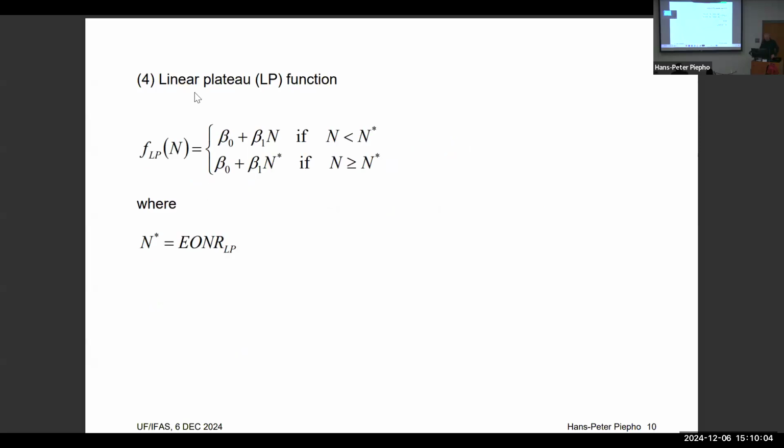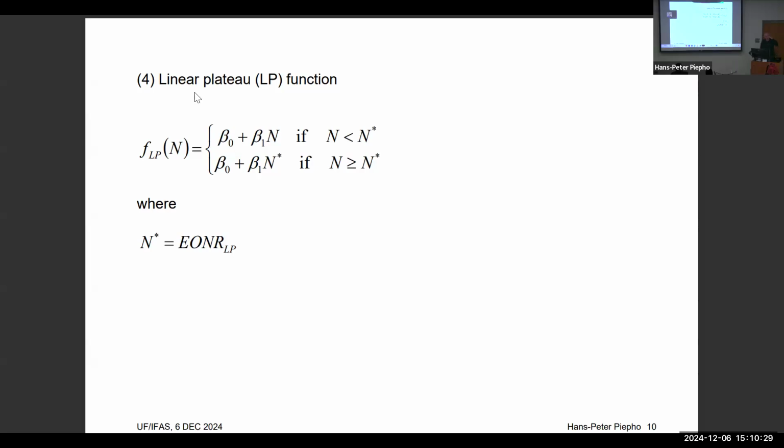And then beyond the breakpoint, it's a horizontal line. And finally, another common model is the linear plateau function, where you've got a linear increase up to a breakpoint, and then you've got a horizontal line. That seems to be a very popular model, and I've used it in other contexts as well, but it's kind of not so plausible because you would rather assume a smooth transition.